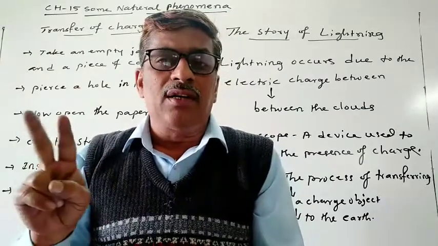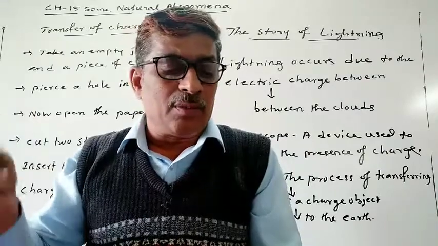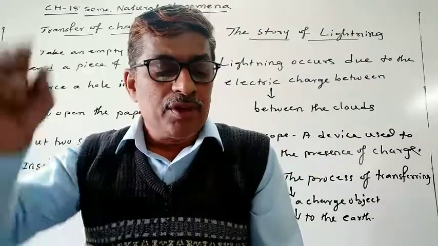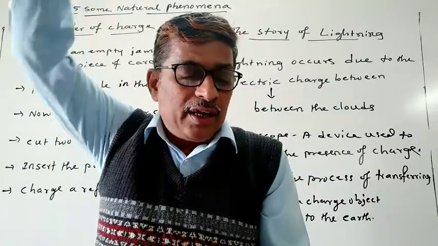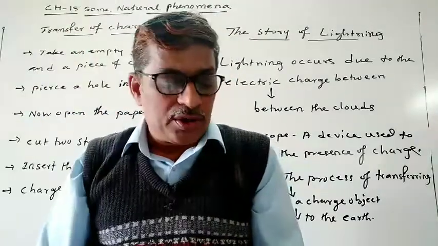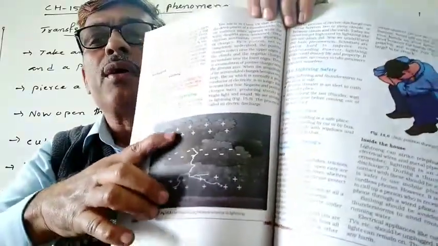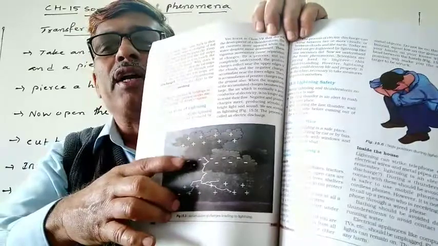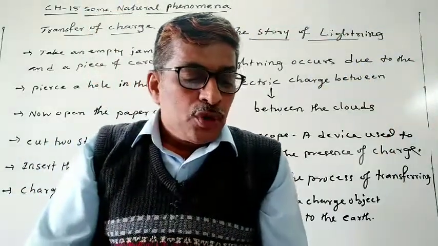Scientists' opinion is that the positive charges collect near the upper edges of the clouds, and the negative charges accumulate near the lower edges. I will show this in the figures. See here the positive charges at the top, negative charges below, and again positive charges near the ground.